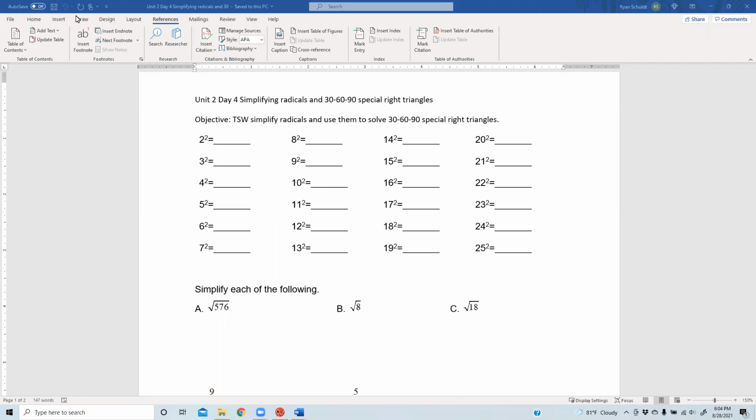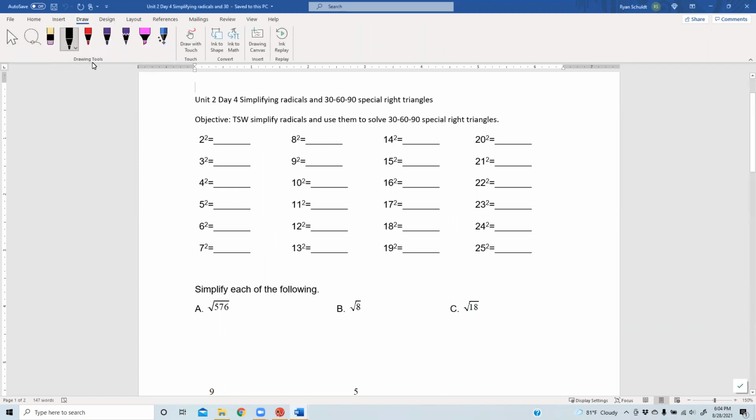So to start off, 2 squared is 4. 3 squared is 9. 4 squared is 16. 5 squared is 25. 6 squared is 36. 7 squared is 49. 8 squared is 64. 9 is 81. 10 is 100. 11 is 121. 12 is 144. 13 is 169.